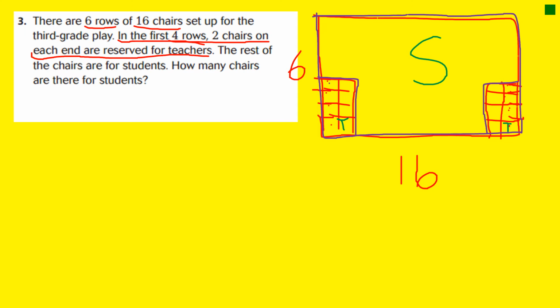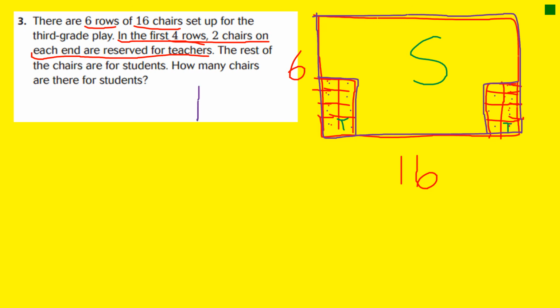Okay, because look, there's 1, 2, 3, 4, 5, 6, 7, 8. 8 over there, 8 over here. So there are 16 teacher chairs. Okay, so what we're going to do is find all the chairs first, how many in the whole section, and then take the teacher chairs out of that.